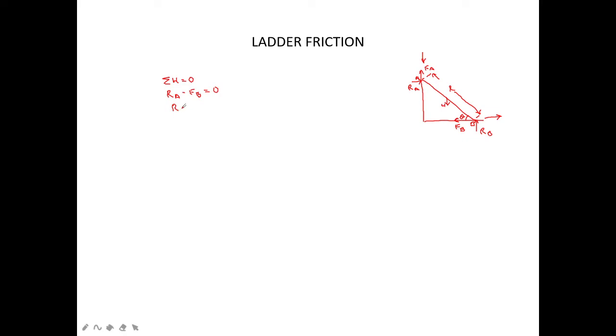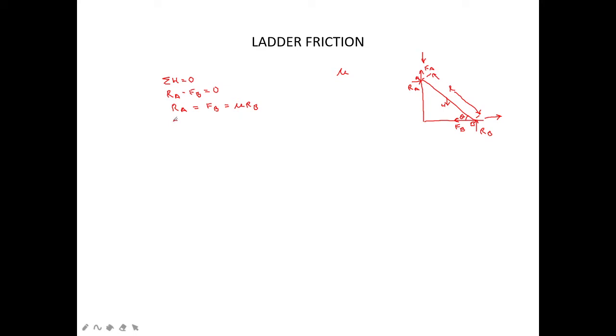So Ra is equal to Fb. If mu is the coefficient of friction between wall and ladder and between floor and ladder both, then it will be mu Rb. This you know, F is always mu into R.